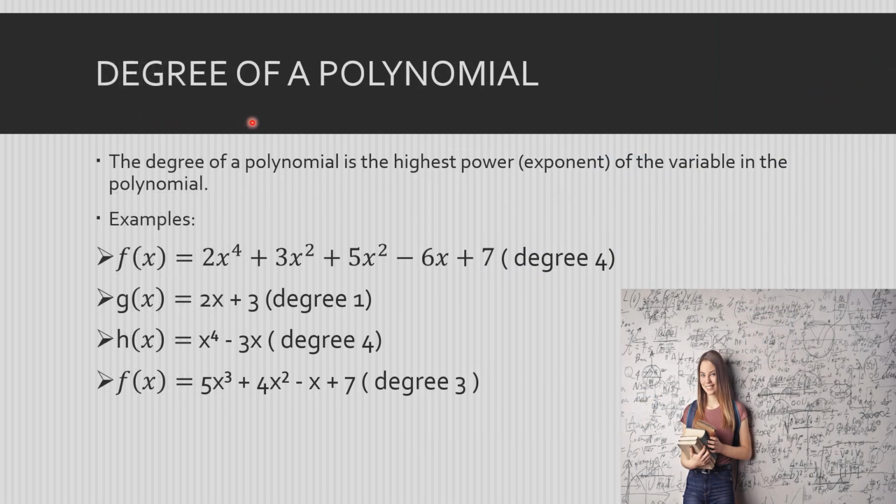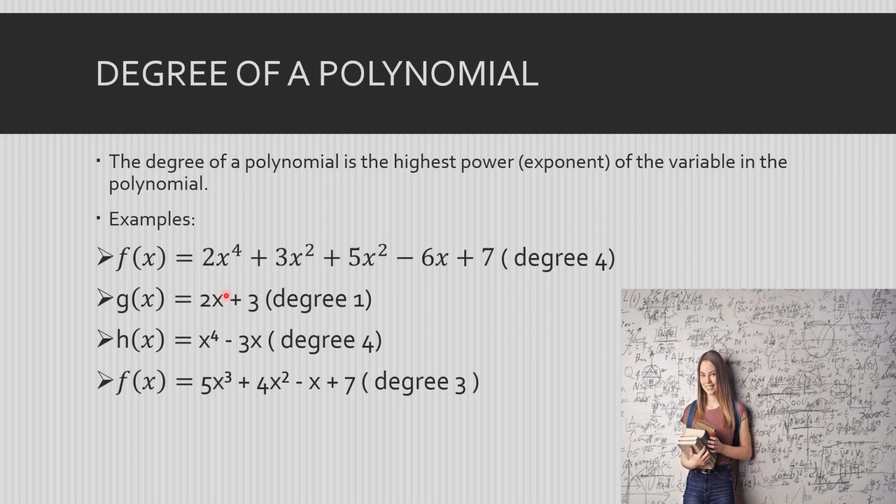Let's look at the degree of a polynomial. The degree of a polynomial is the highest power, that is the highest exponent of the variable in the polynomial. Example, we have f of x equal to 2x^4 plus 3x squared minus 6x plus 7. Here, when you look at this particular polynomial function, the highest power of x is 4, so the degree is 4.